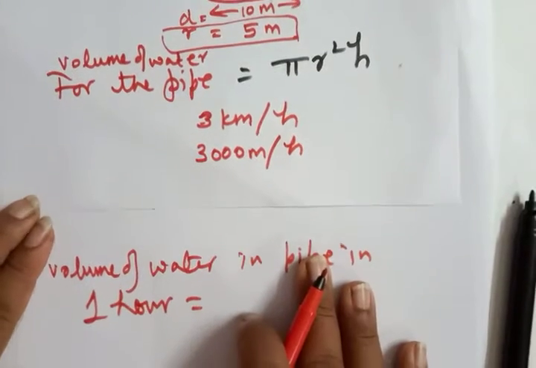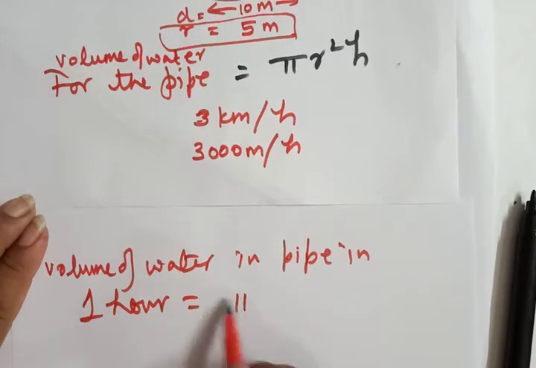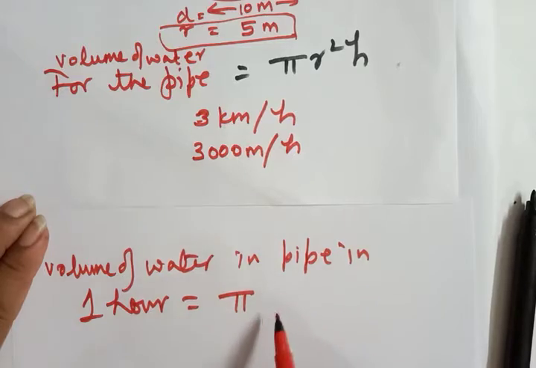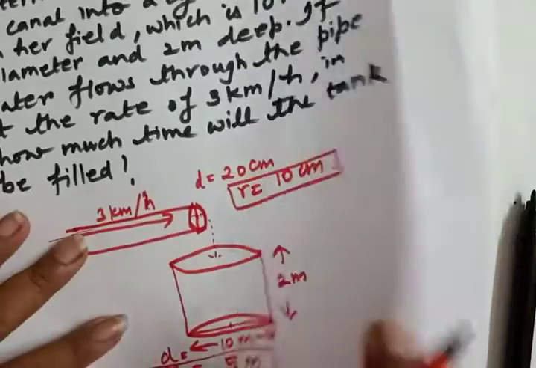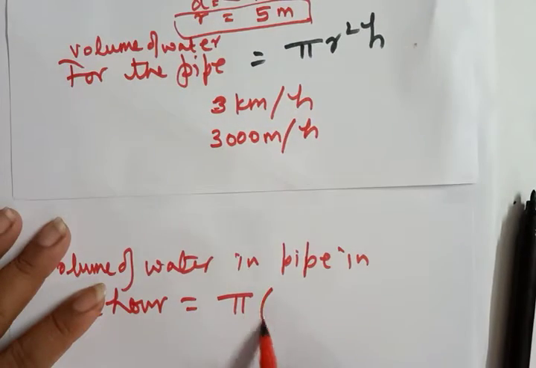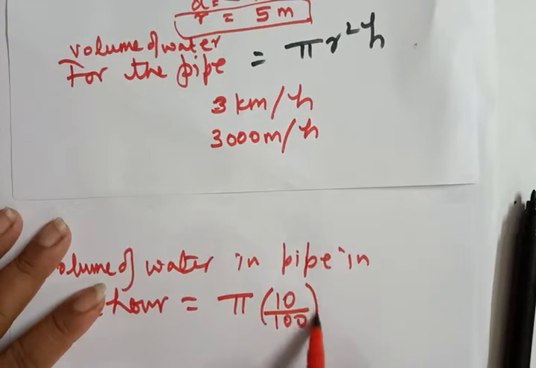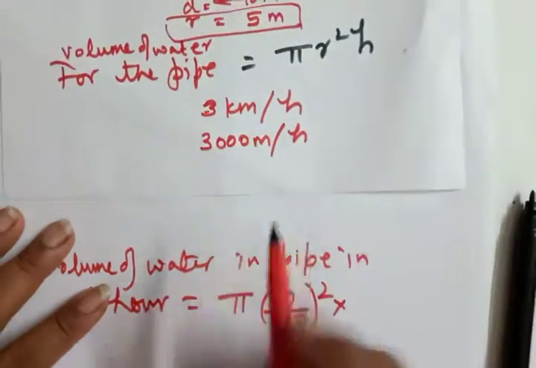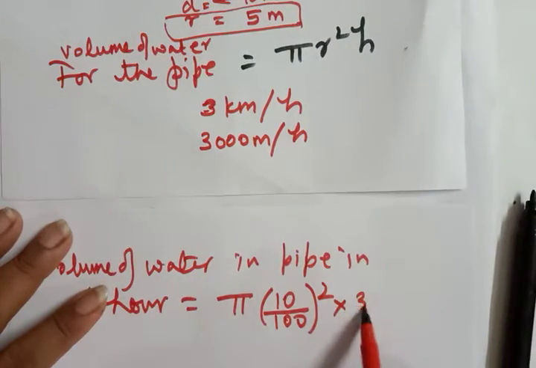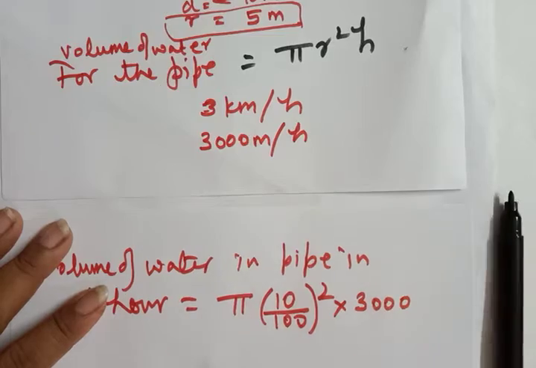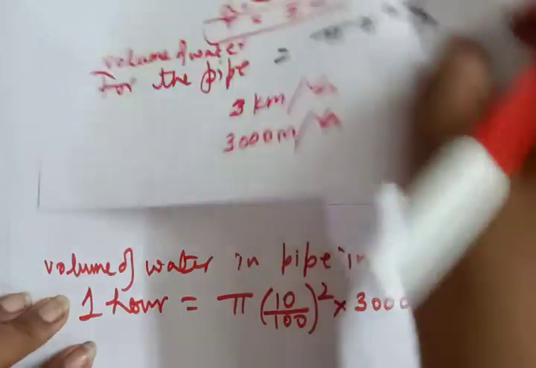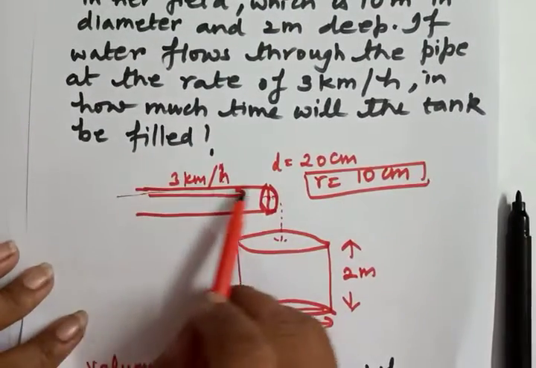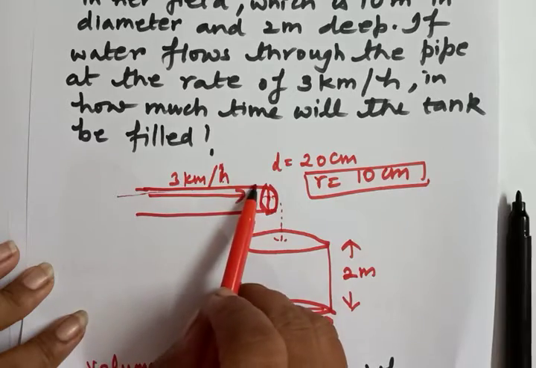That is equal to pi r square h. R is given as 10 centimeter, so that will be 10 upon 100, converted into meters, and h is 3000. I already told you we will take the height, or the length of the pipe, as the height.